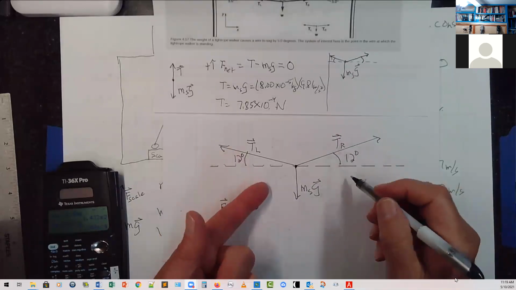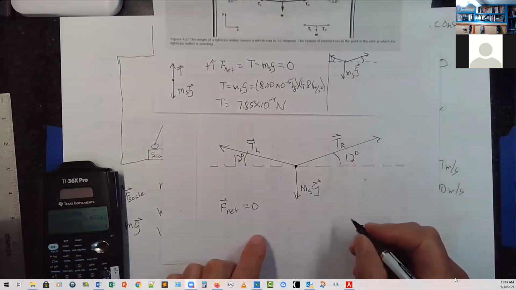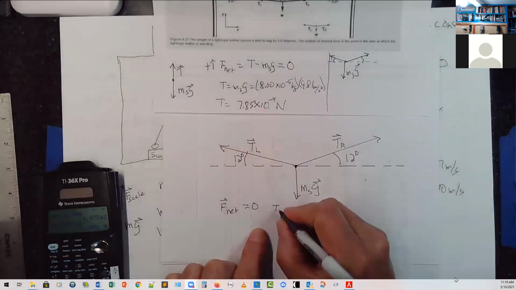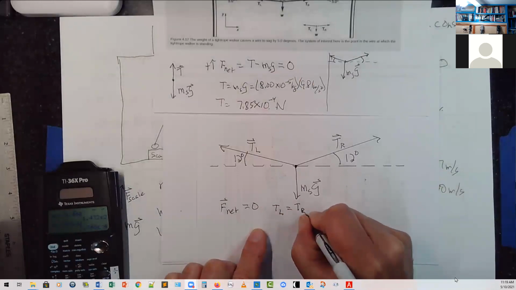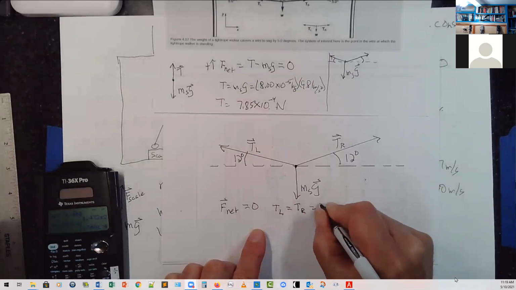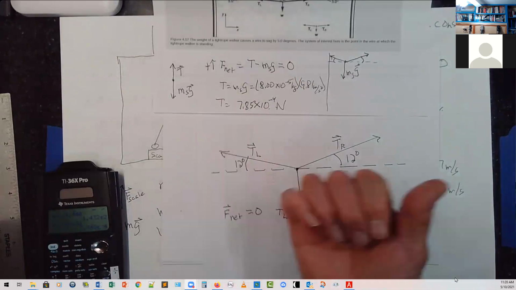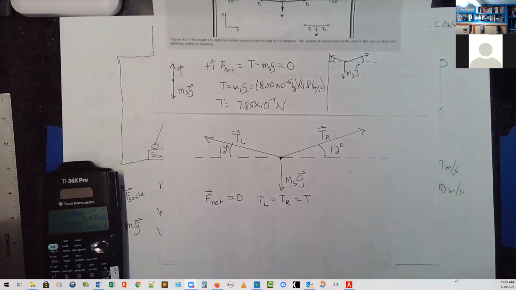I have a free body diagram, and I would expect in magnitude, and this will be the case because it's right in the middle of it, T sub L is equal to T sub R, and I'm just going to use a T to stand for that. As vectors, they are not equal because one points to the right and the other points to the left. But as scalars, they are equal to each other.